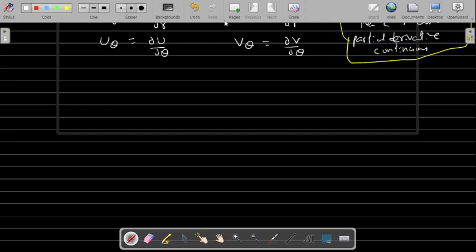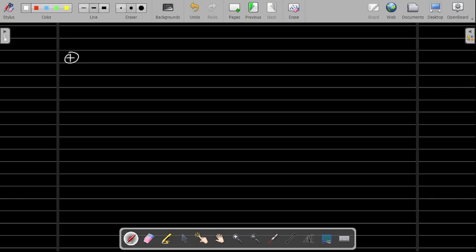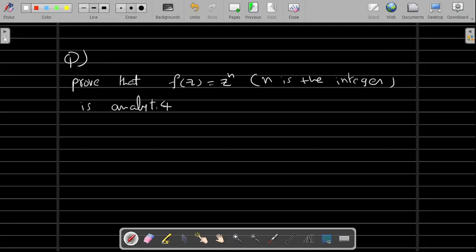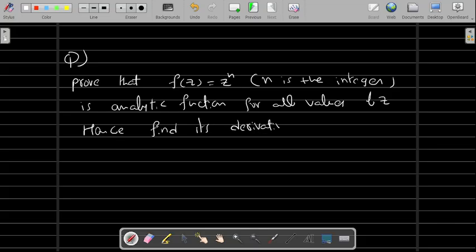Question: prove that f of z equal to z power n, n is a positive integer, is an analytic function for all values of z, hence find its derivative.